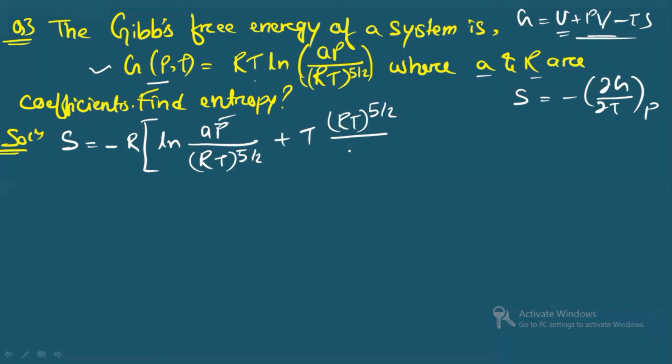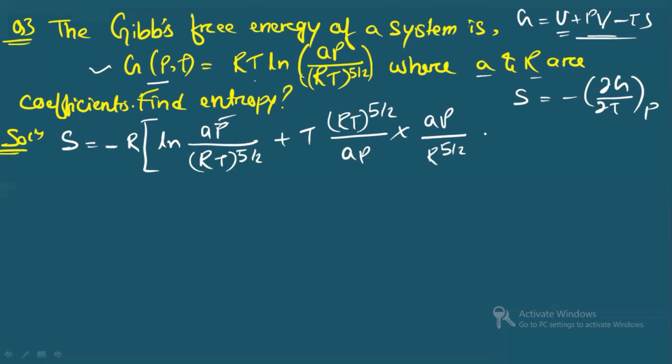And here you will have AP. Again on differentiation you will have AP divided by R to the power 5 by 2, which is constant, so it will be outside.